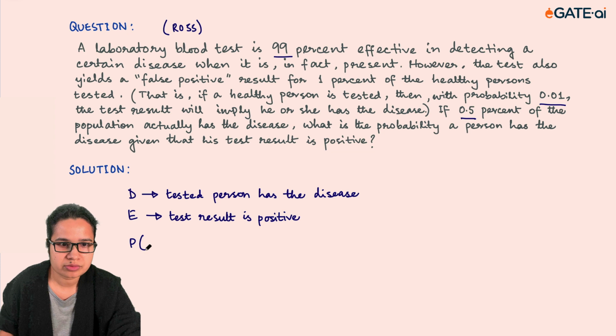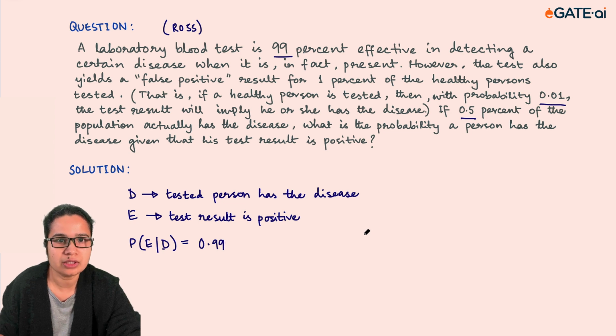The test result is positive given that the person tested has the disease, and that probability is 99%, so 0.99. So the test is 99% effective in detecting the disease when the disease is itself present in the person tested. That's P of E given D.